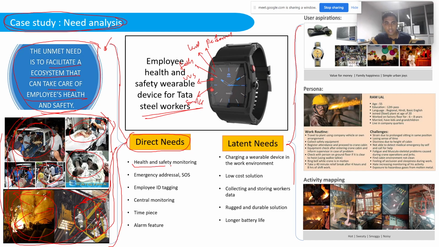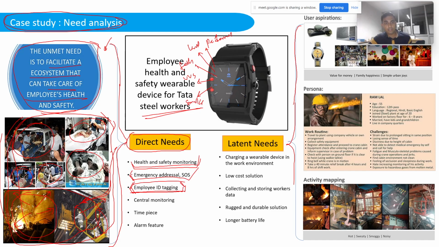These are the set of direct needs that we came across. One is health and safety monitoring. Whatever solution comes should do this health and safety monitoring. There should be some way of emergency addressing or SOS. The same tool should also be usable for ID tagging, so that whenever certain accidents happen or emergencies occur, the control room people should be able to know who is facing the particular issue.